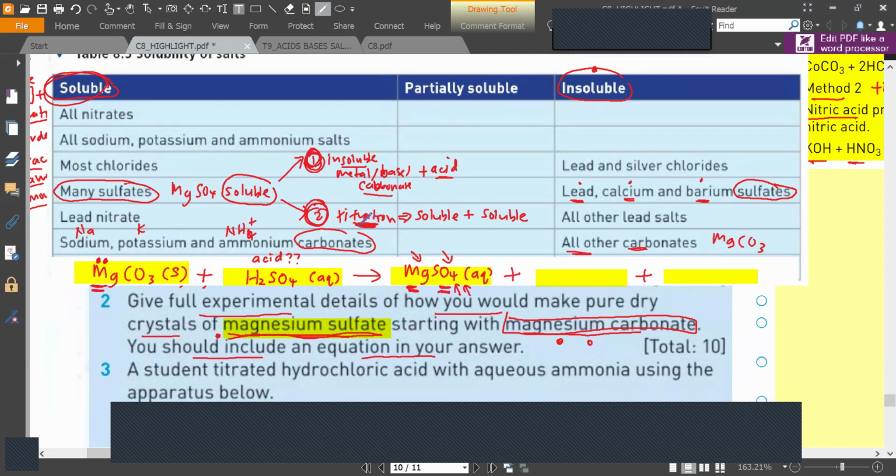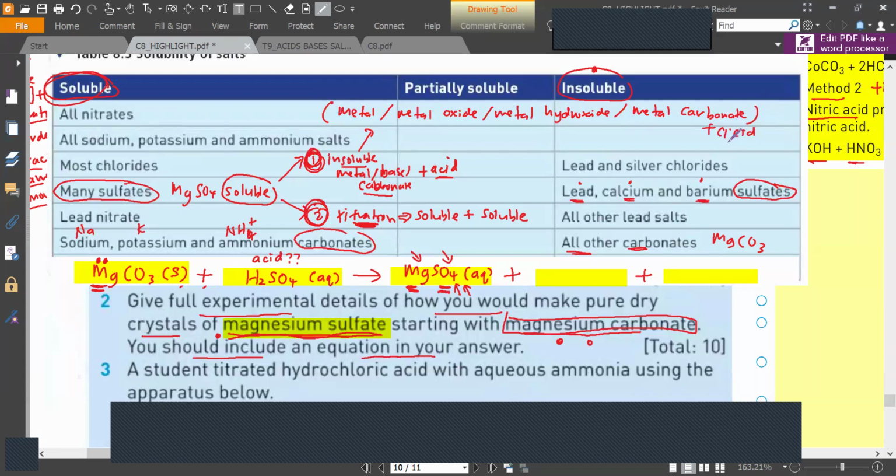Method 2 is titration, and method 1 is to take an insoluble metal, metal oxide, metal hydroxide, or metal carbonate and add it to the acid.